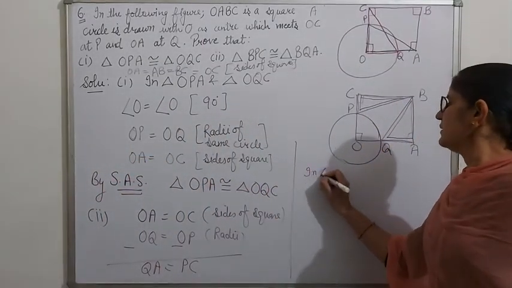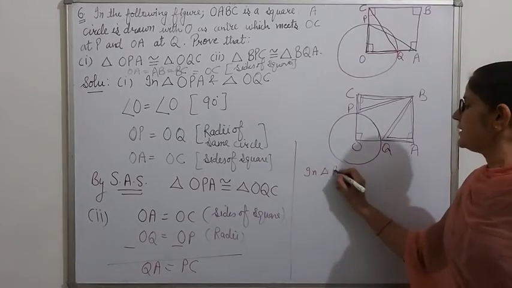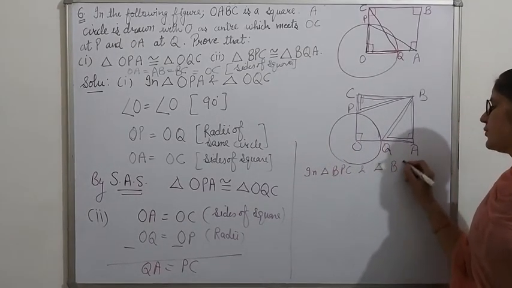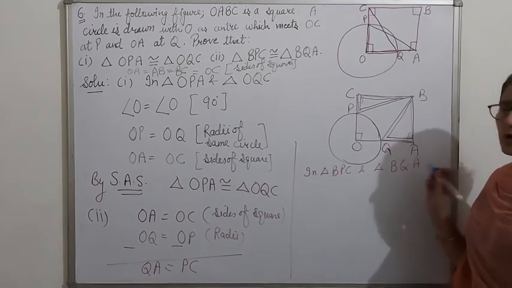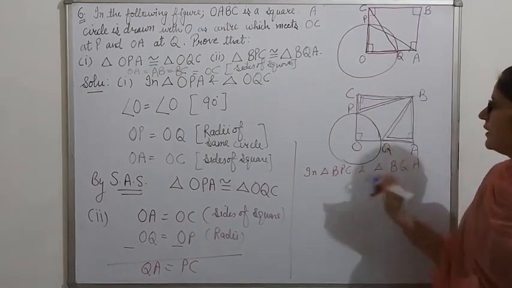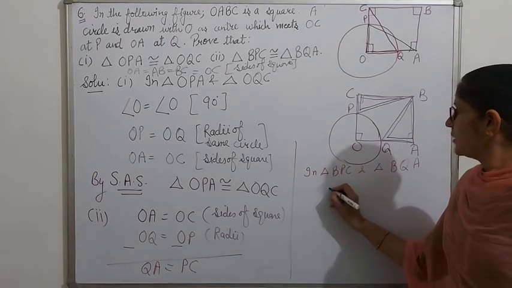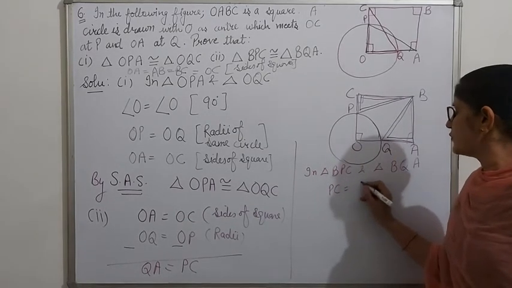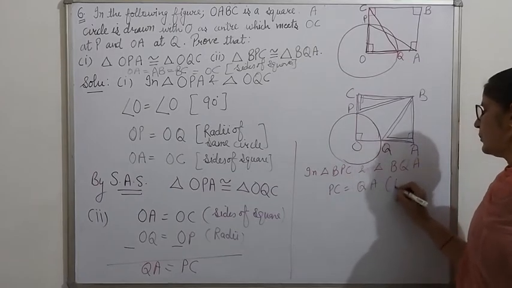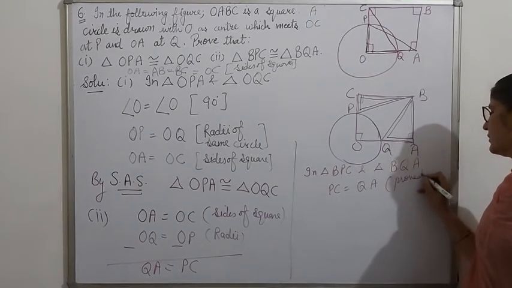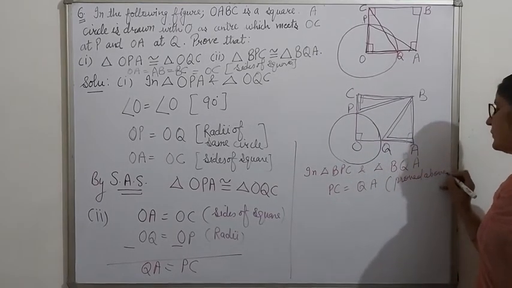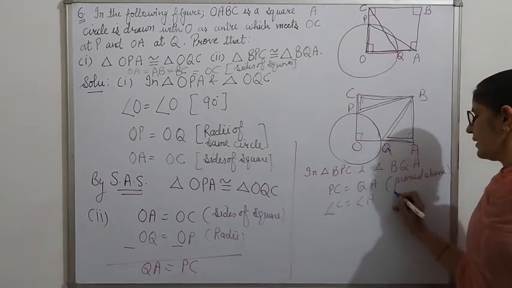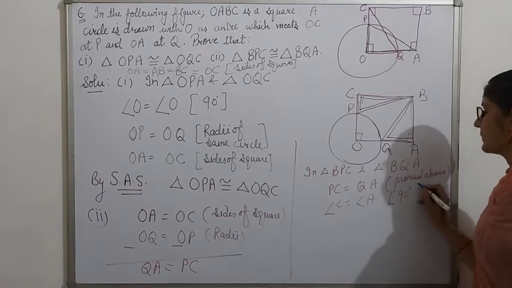In triangle BPC and triangle BQA, what things are common here? PC is equal to QA, proved above. The second thing, angle C is equal to angle A, 90 degrees.